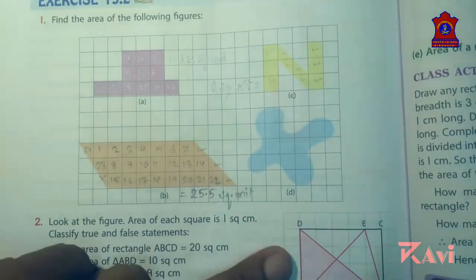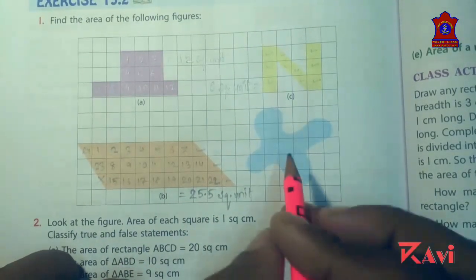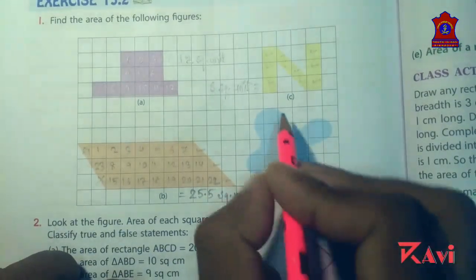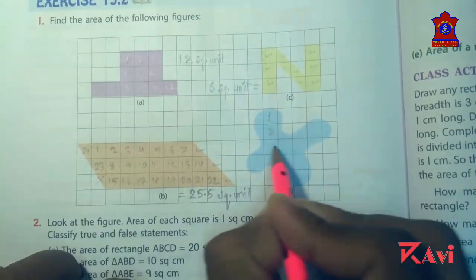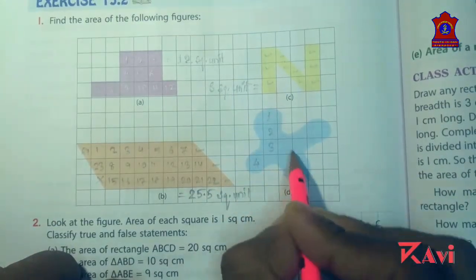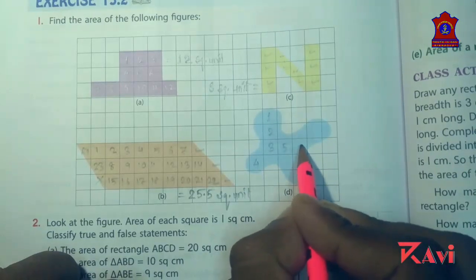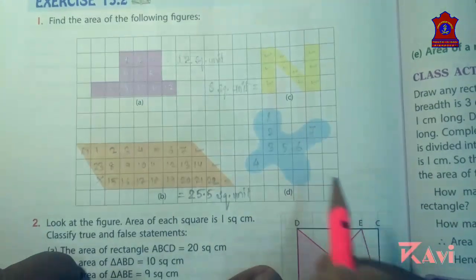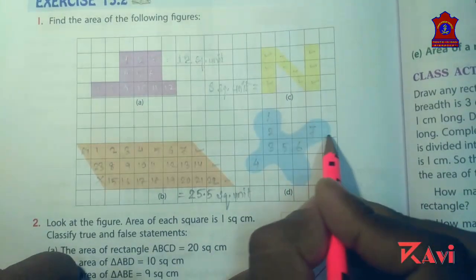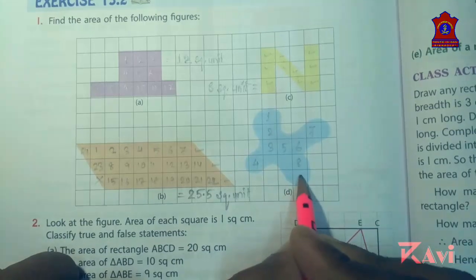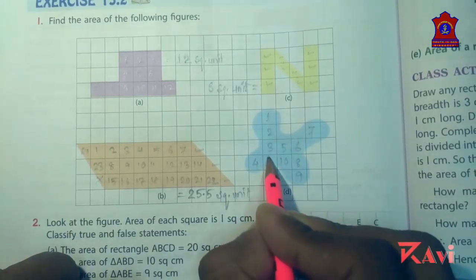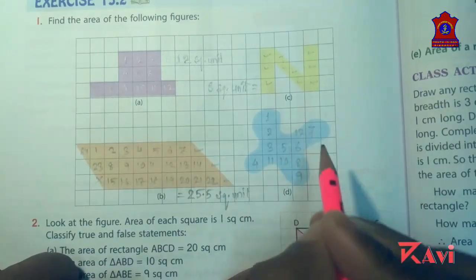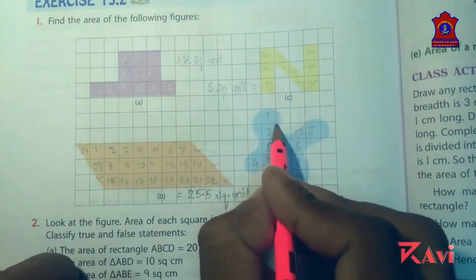Now again, let's do it here. First, you just count all full squares, whole squares. 1, 2, 3, 4, 5, 6, 7. Now more than half. Here 8, 9, 10, 11. This is also more than half. 12. Now just count it as half.